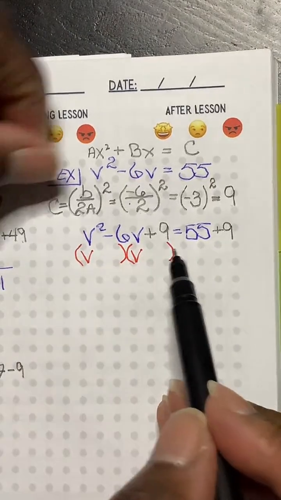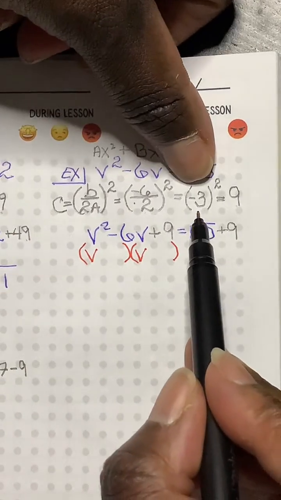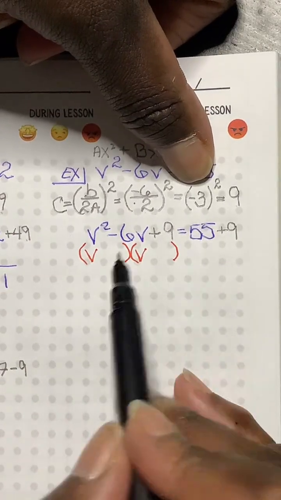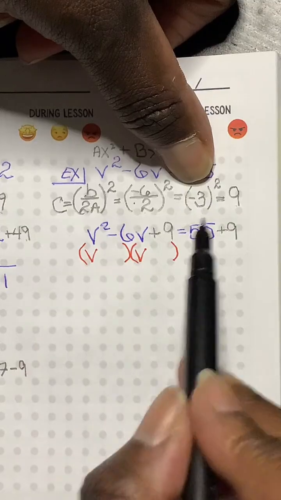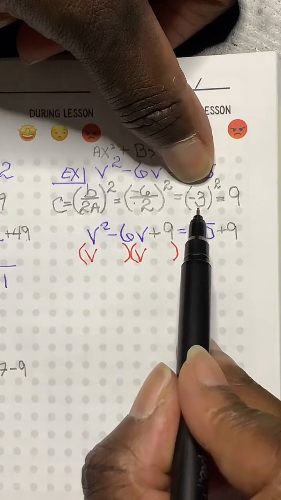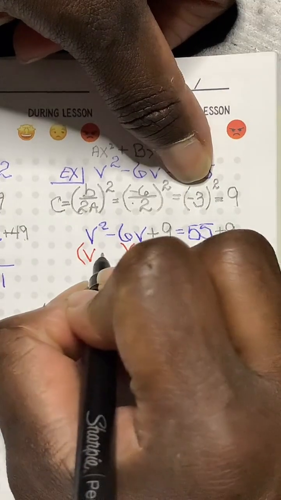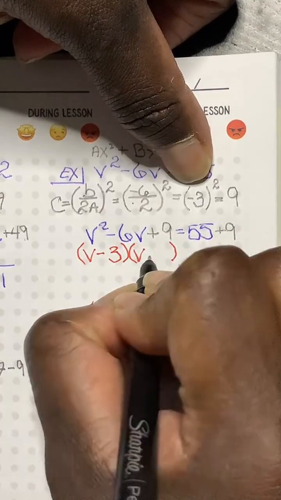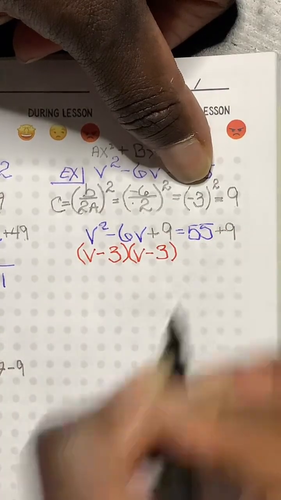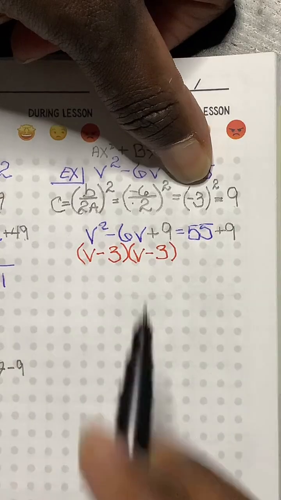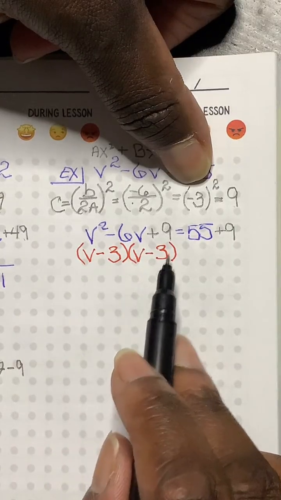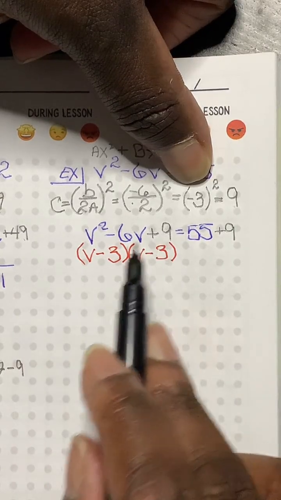Then, like I said, this number right here in the parenthesis is what you're going to put down here. And it was a -3 before we squared it. So -3 goes here, -3 goes there. And if you want to check it, -3 times -3 gives me a positive 9.